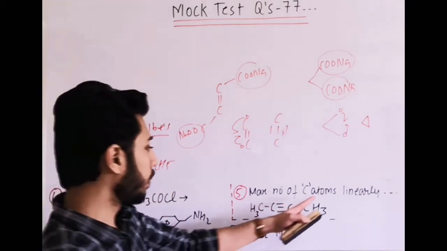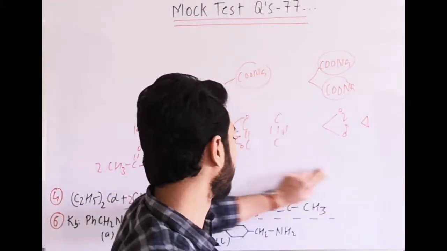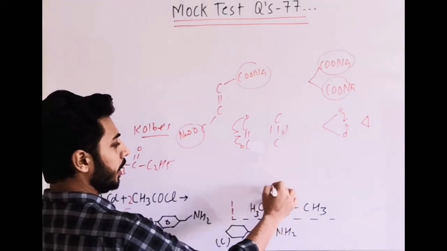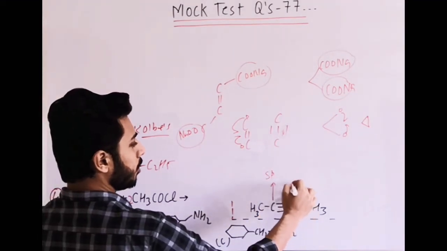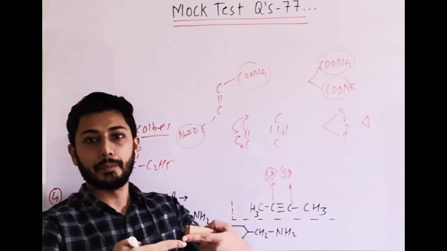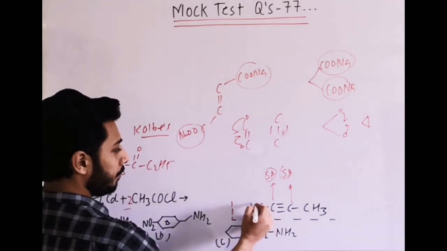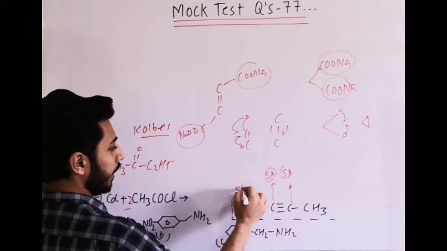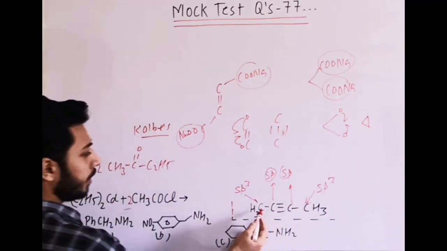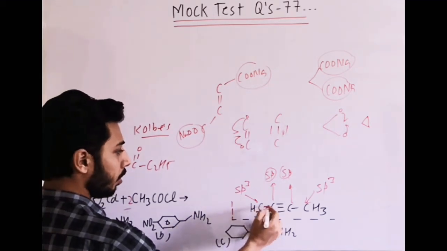Fifth question is the maximum number of carbon atoms linearly arranged in this molecule. This is sp. Sp geometry is linear, which means they are at 180 degrees. And this carbon which is sp3 is directly connected to an sp carbon, so this bond is also 180 degrees.